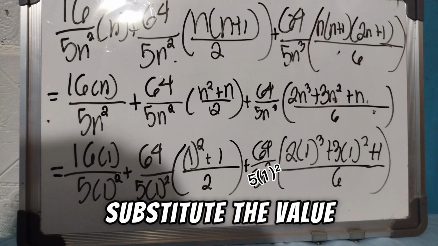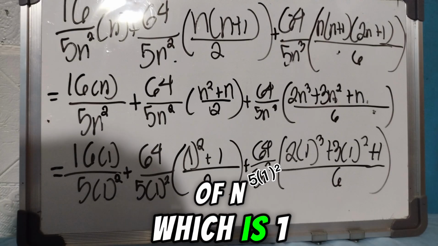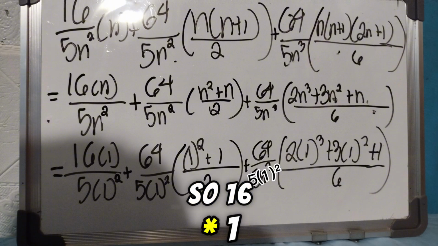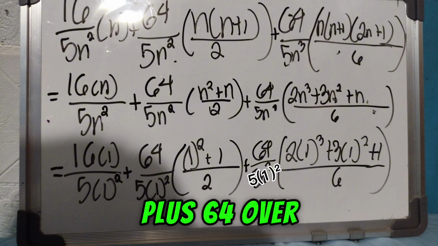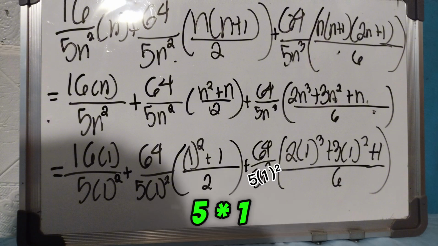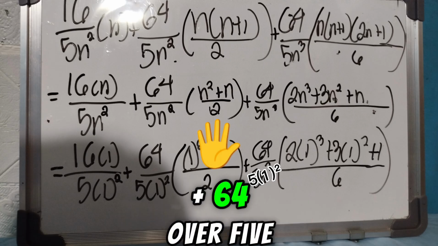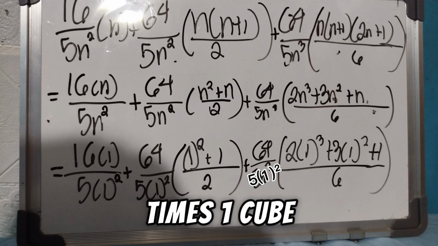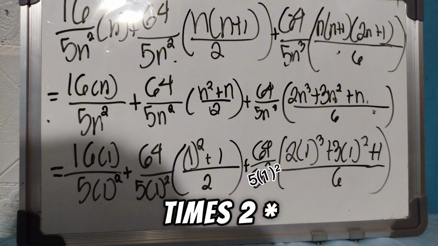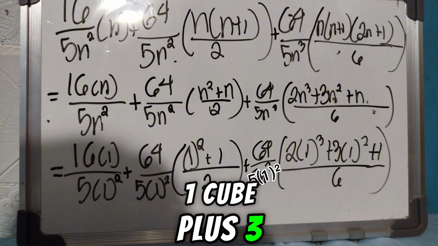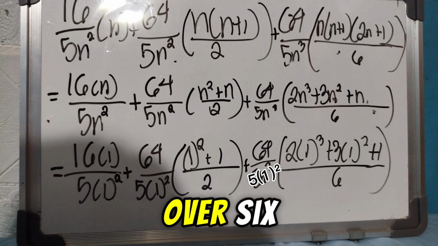After that, we substitute the value of n, which is 1. So 16 times 1 over 5 times 1, plus 64 over 5 times 1 squared times (1 squared plus 1) over 2, plus 64 over 5 times 1 cubed times (2 times 1 cubed plus 3 times 1 squared plus 1) over 6.